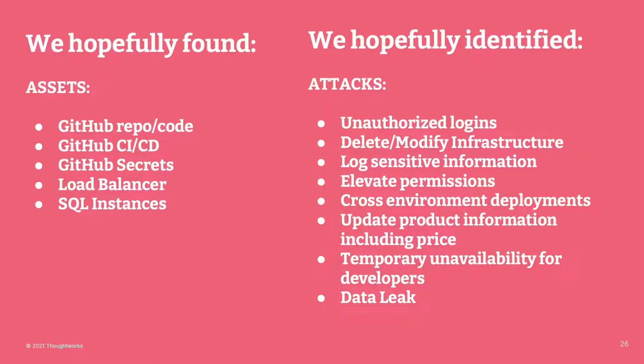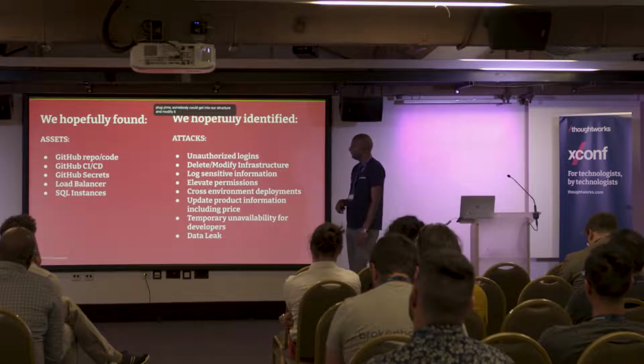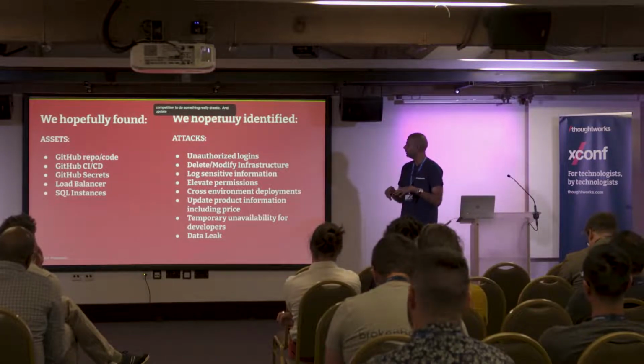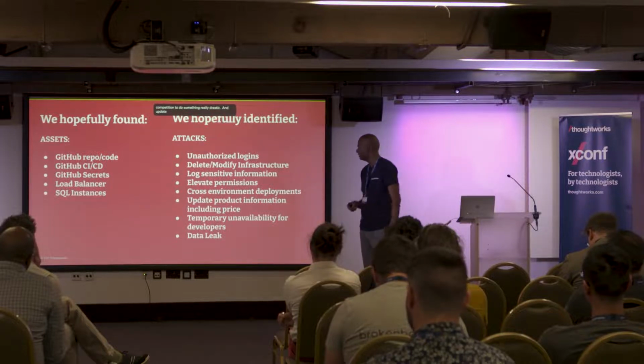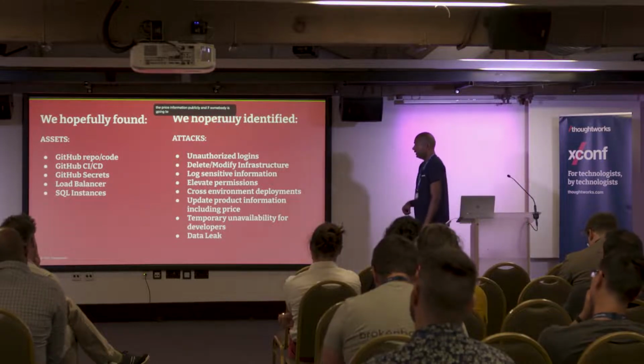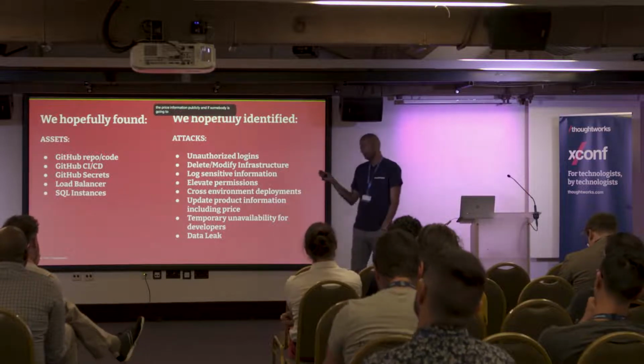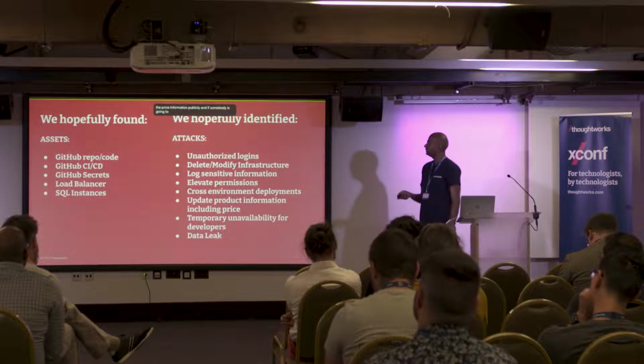They can log sensitive information, elevate their own permissions to do something really drastic, or update information. Because it's a website which publishes the price information publicly, if somebody changes that, obviously that's going to be a disaster. They can even cause temporary unavailability for developers and some data leaks. So these are some of the attacks that we identified.